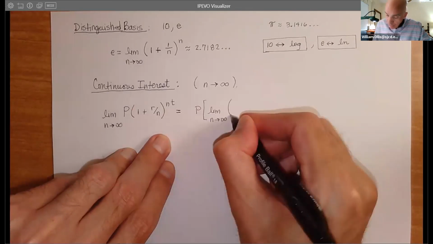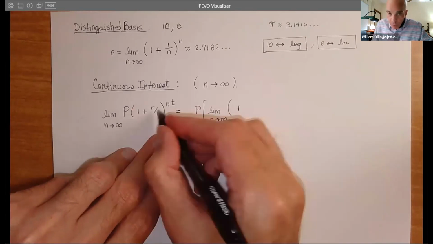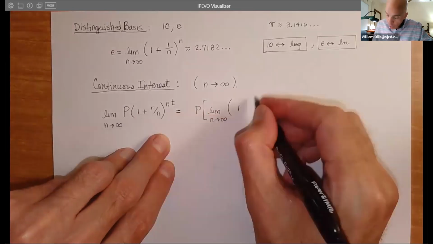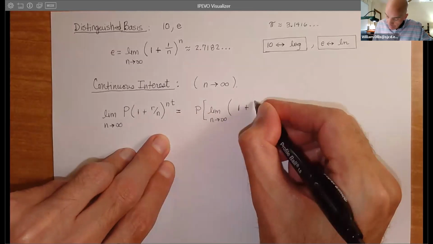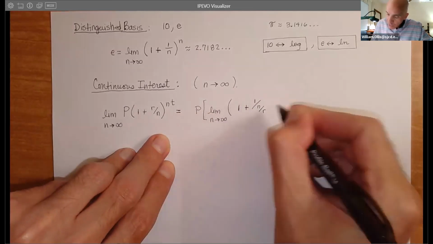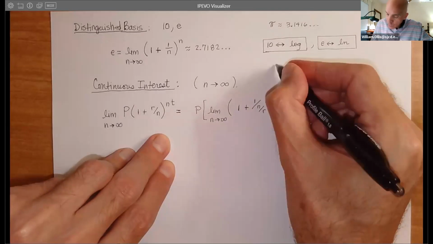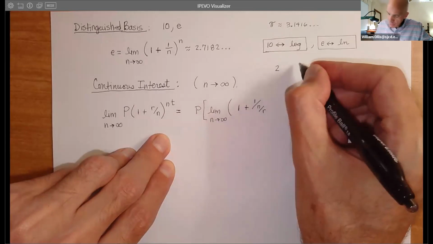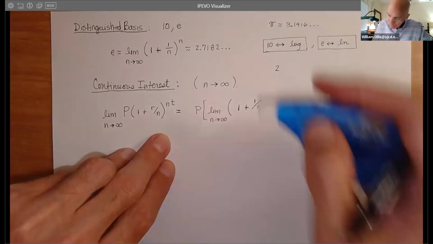Now, I want a 1 in the numerator, so I'm going to write r over n as 1 over n over r, like this, n divided by r. So it's like saying, let me write a fraction.